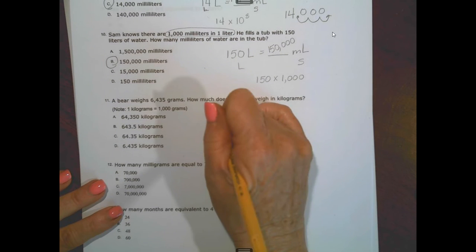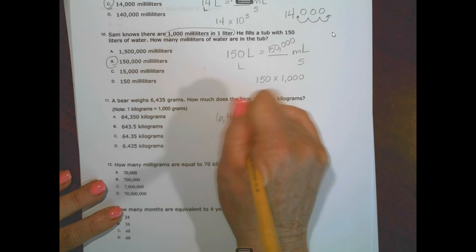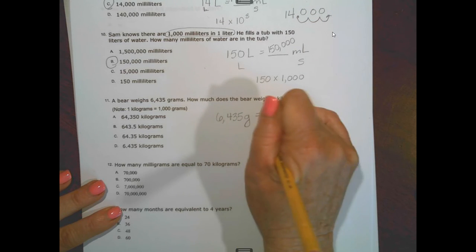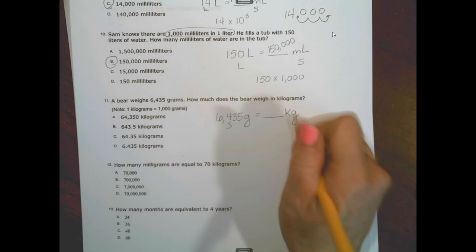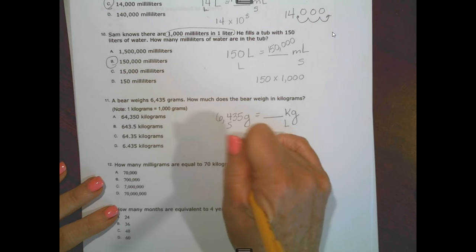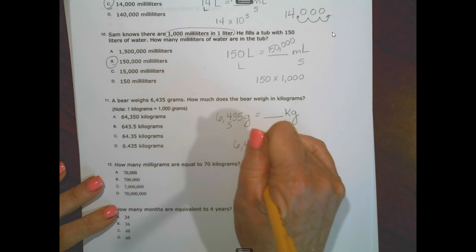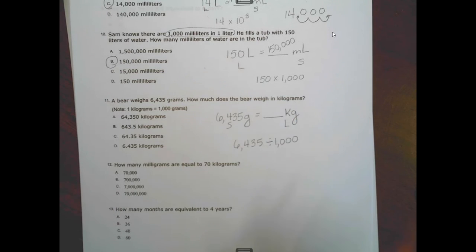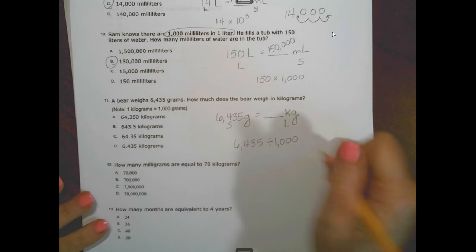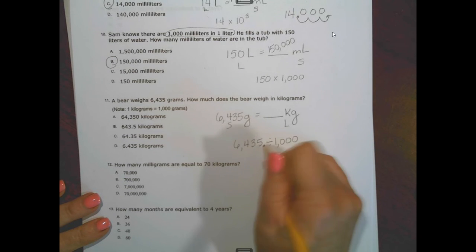All right, but anyways, back to the problem. So we need to convert 6,435 grams to kilograms. All right, so we're going from that smaller unit to the larger. And if we take 6,435, we're going to be dividing it by 1,000. If we divide it by 1,000, we could just put a decimal behind it.